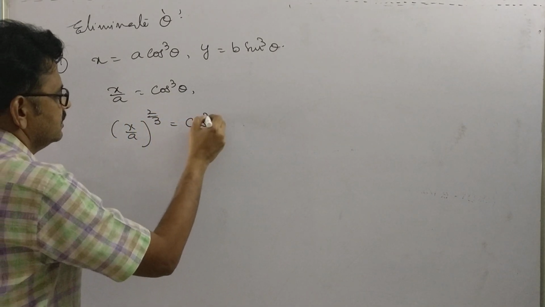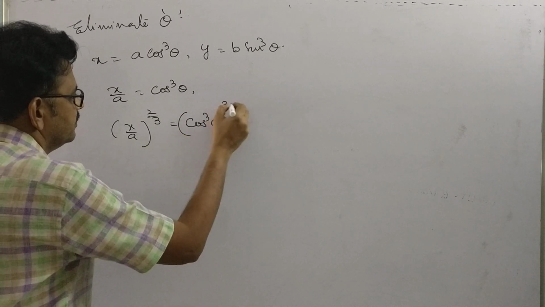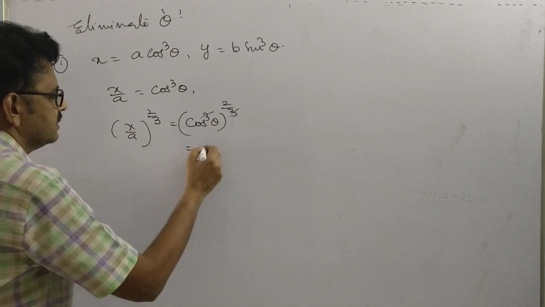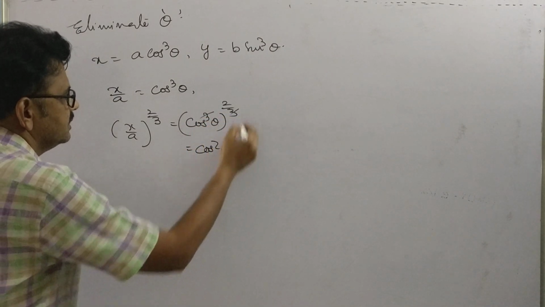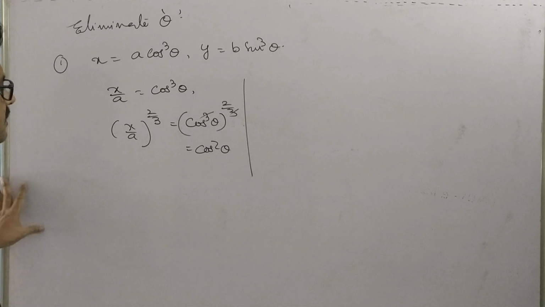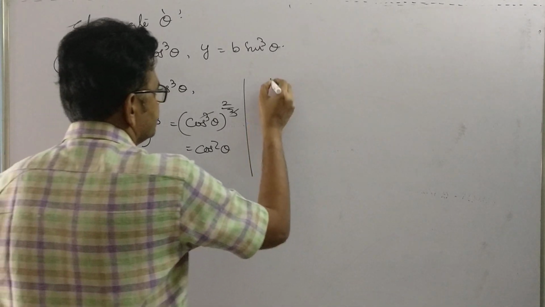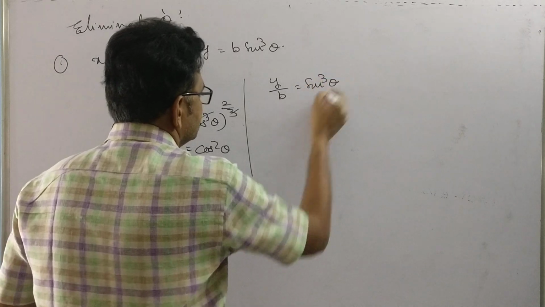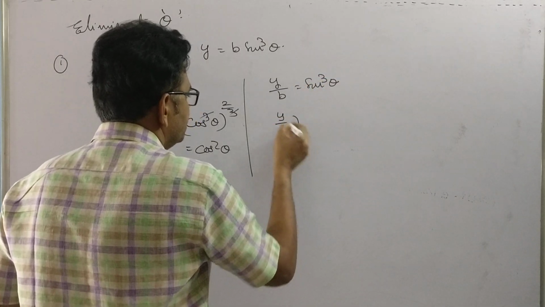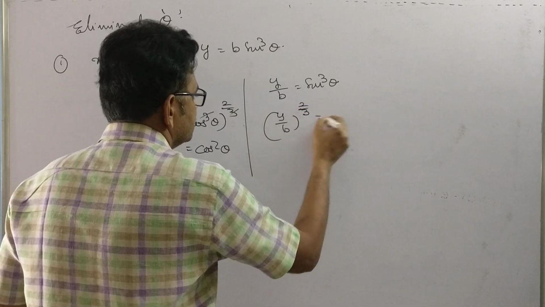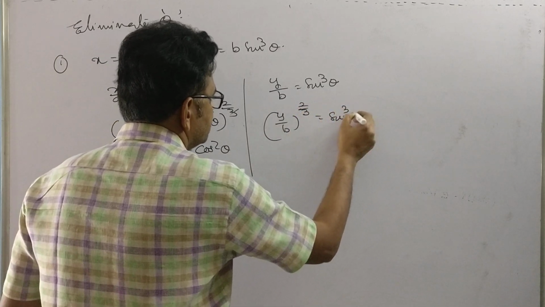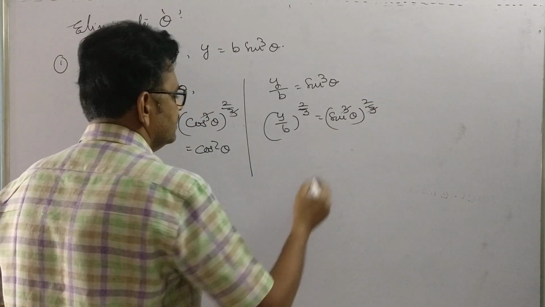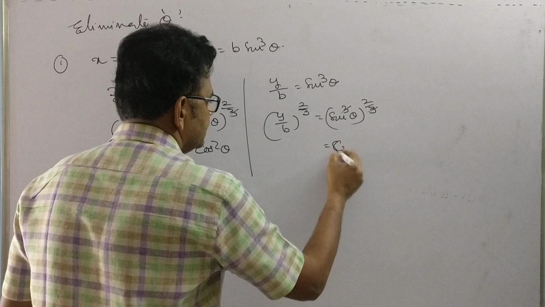So this is cos cube theta whole power 2 by 3; the 3 gets cancelled, that is cos square theta. Similarly, y by b is equal to sin cube theta. Y by b whole power 2 by 3 is equal to sin cube theta whole power 2 by 3, the 3 cancels, that is sin square theta.